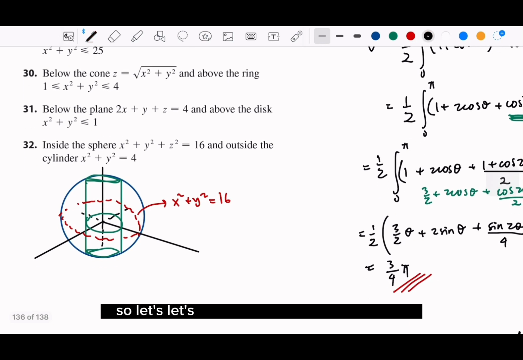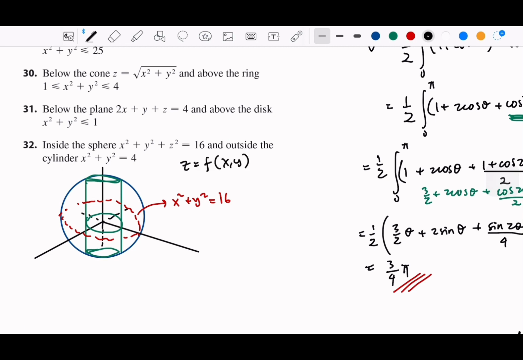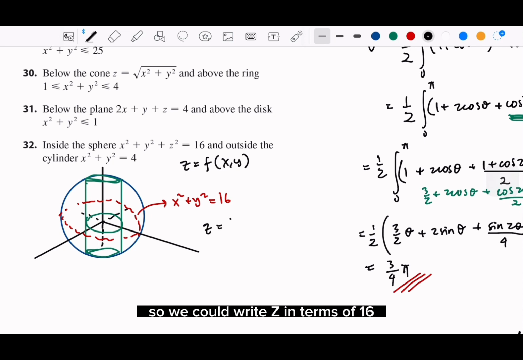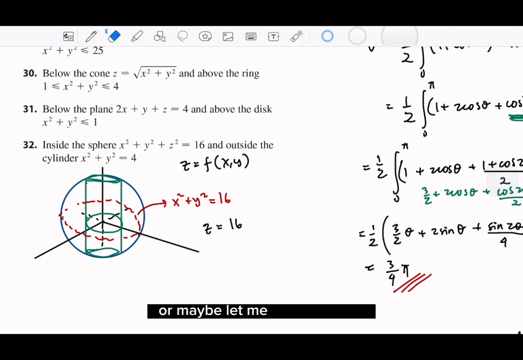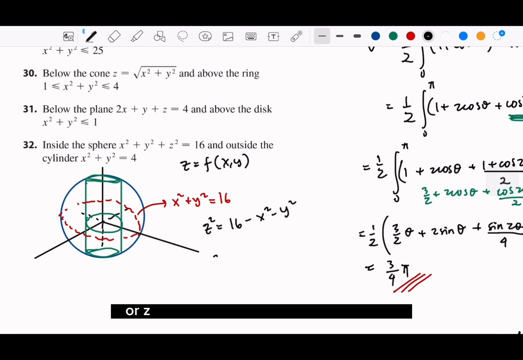So let's make z a function of xy. We could write z squared equals 16 minus x squared minus y squared, or z is the square root of 16 minus x squared minus y squared, like that.